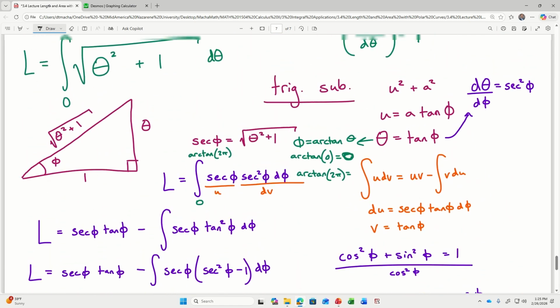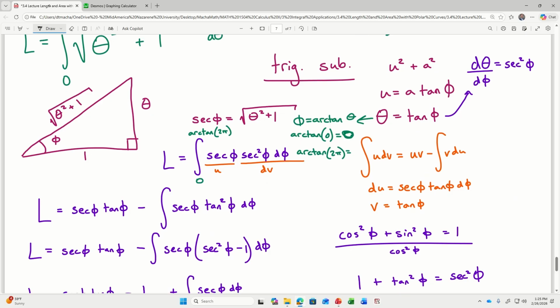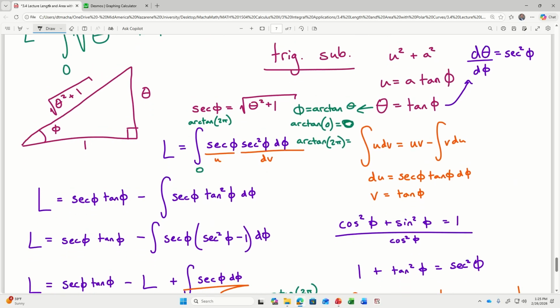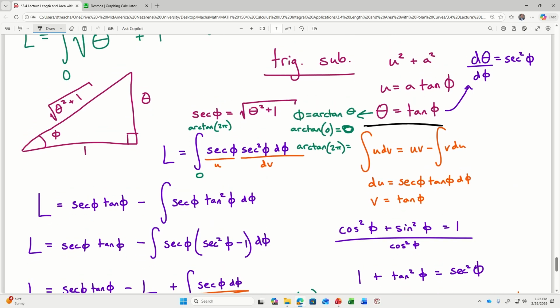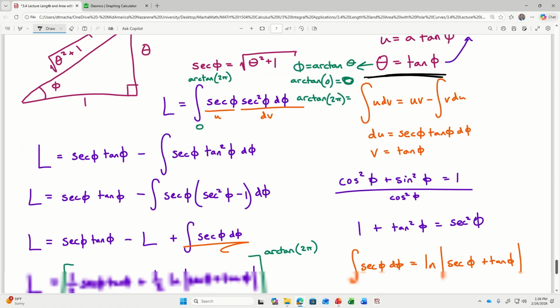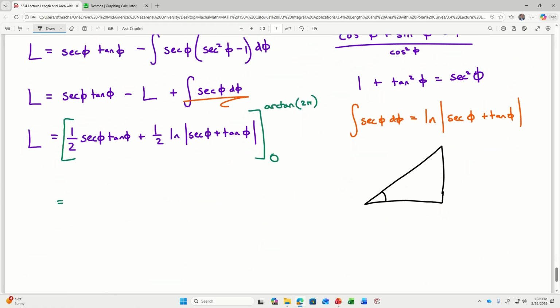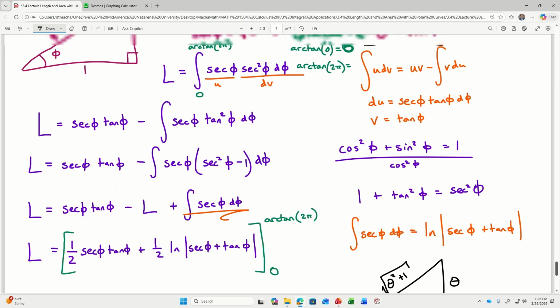The other thing we could do is figure it out from our triangle. If we say that theta is equal to tangent of phi, then every time I see a tangent of phi, I could write theta. And this is my triangle. Secant of phi is, oh yeah, we already wrote that one down.